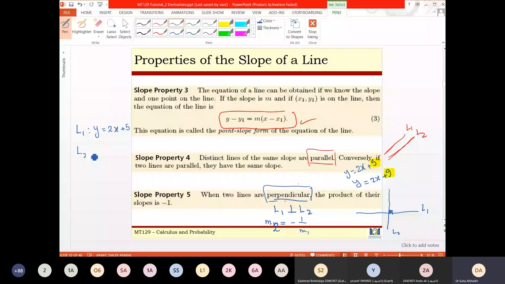You can see that? They are perpendicular. The slope is the reverse with a minus sign and flipped. So those two lines are perpendicular. The first one has slope 2, the second one is -1 over 2.